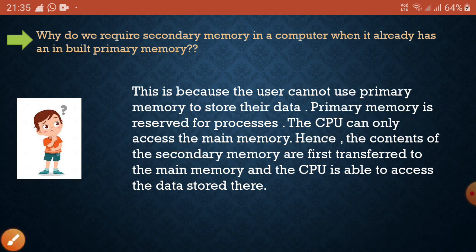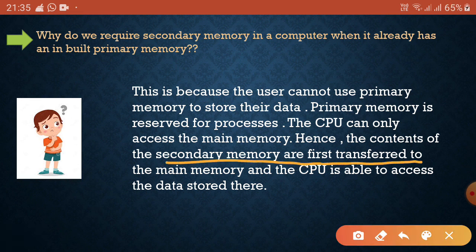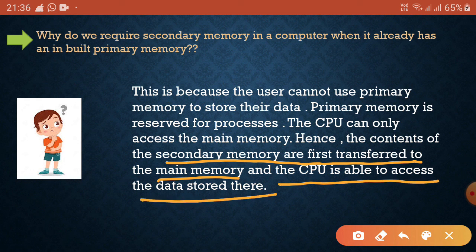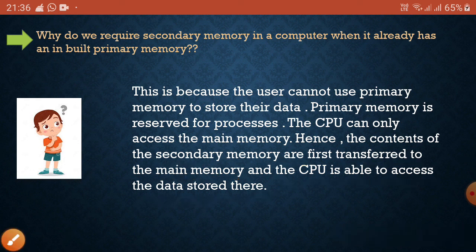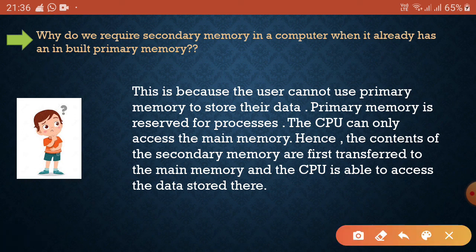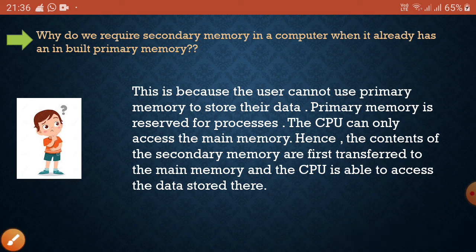Hence the contents of secondary memory are first transferred to the main memory and then the CPU is able to access the data stored there. Got it? So secondary memory is needed to save a lot of information and to help the computer.